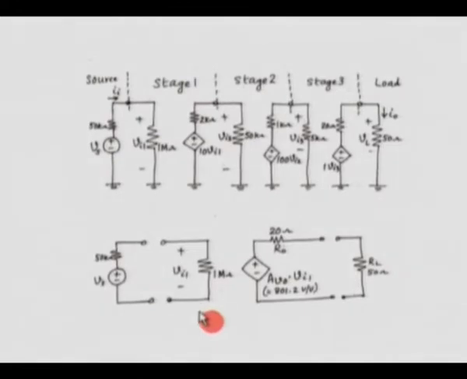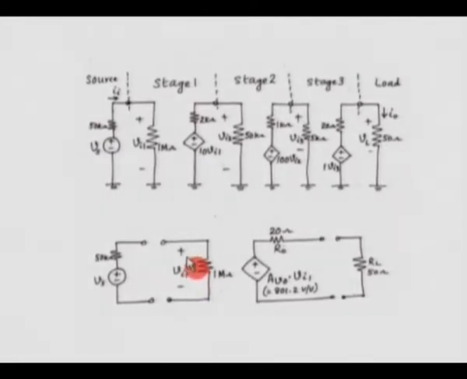We know that the equivalent circuit of a voltage amplifier would have a resistance at the input, which is the input resistance, and then on the output side you would have a controlled voltage source, which would give you the open circuit gain times the input voltage, and then you would have the output resistance. That is the equivalent circuit of a voltage amplifier.